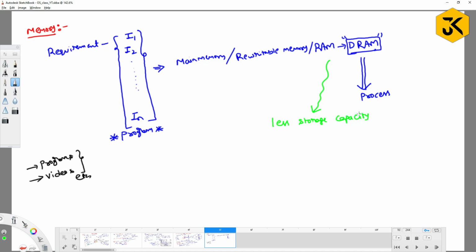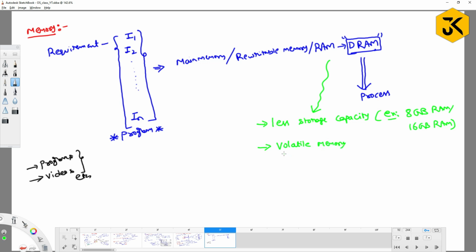So nowadays we generally have 8 GB of RAM, or 16 GB RAM, which we observe most frequently, which is a very small storage capacity. Less storage capacity means if I want to store more data, I cannot store it in the DRAM or the RAM directly. And one more thing is, this RAM is a kind of volatile memory.